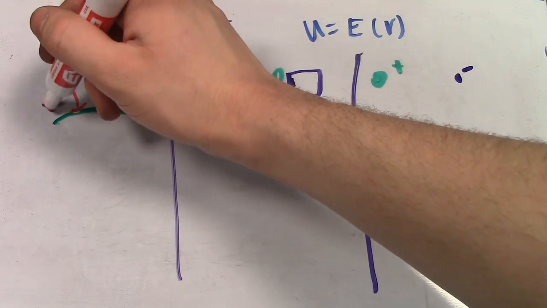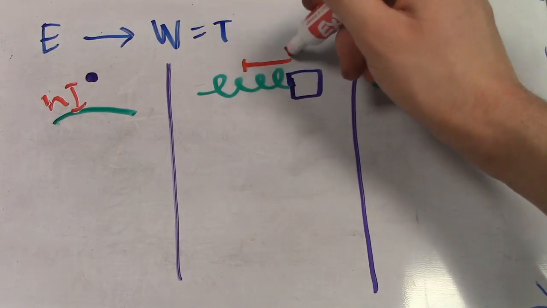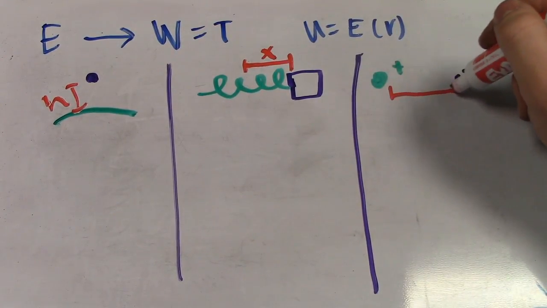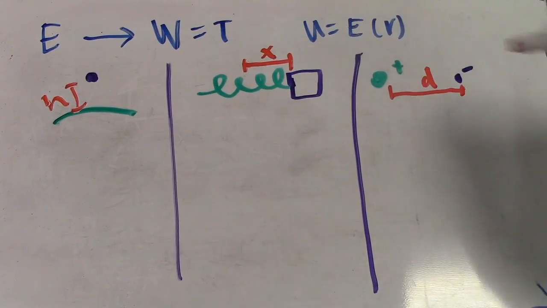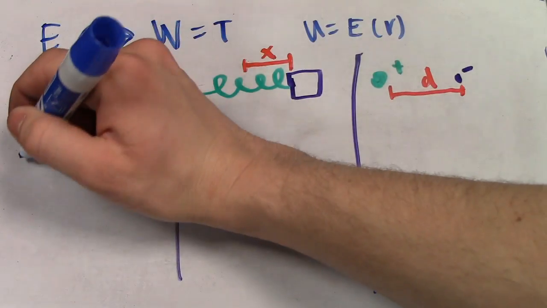There is also elastic or spring potential energy, determined as U equals 1/2 k, the stiffness of the spring, called the spring constant, times the displacement from the equilibrium position, x, squared.